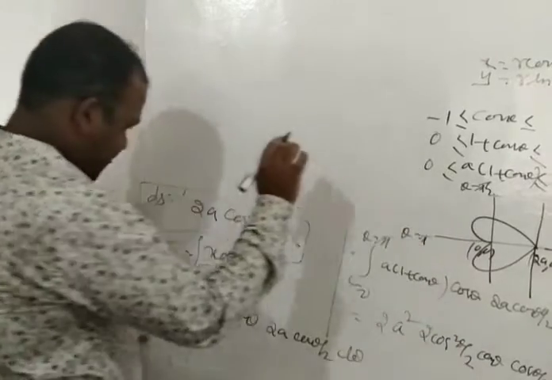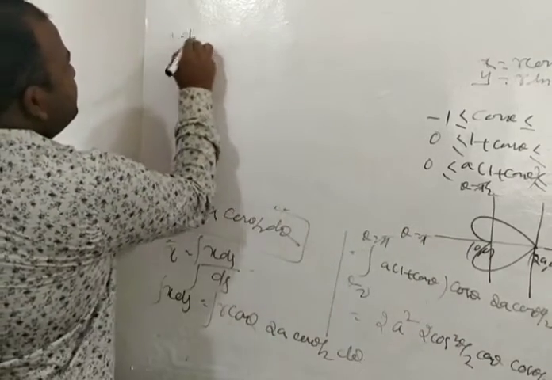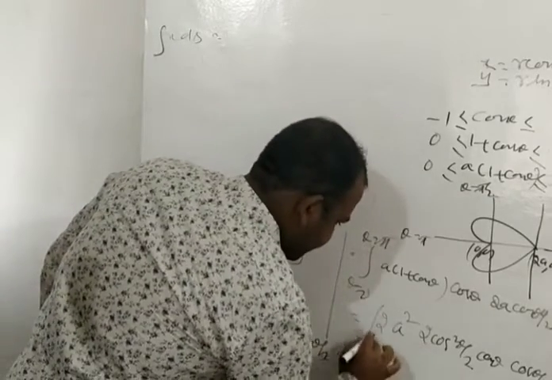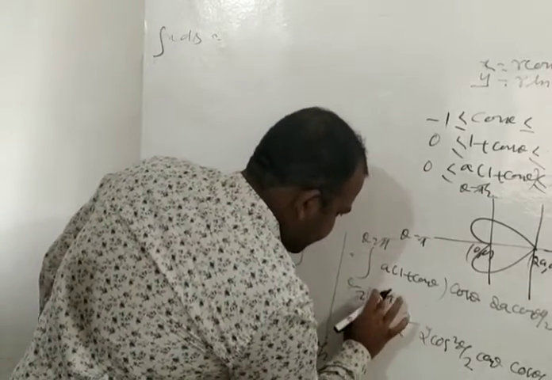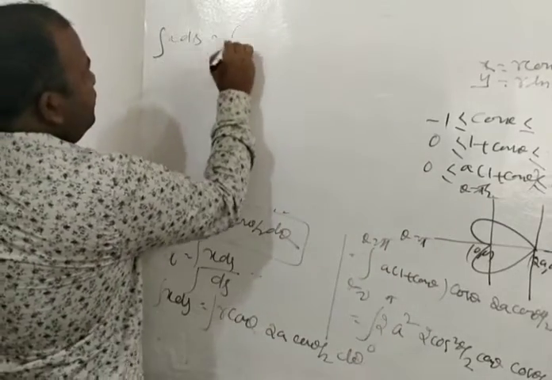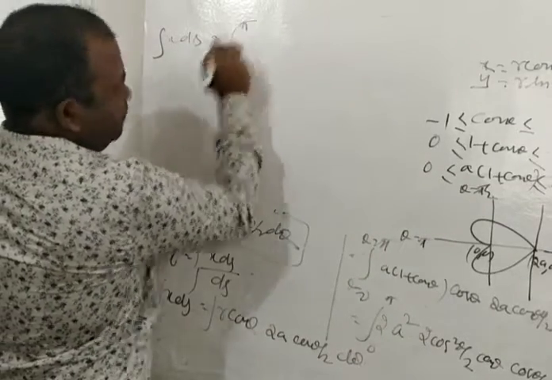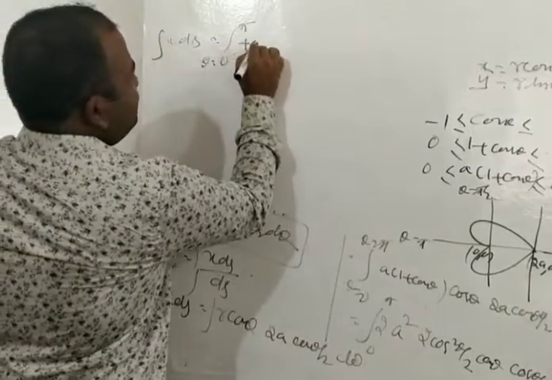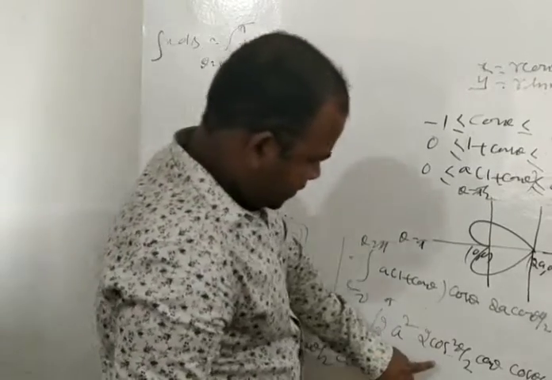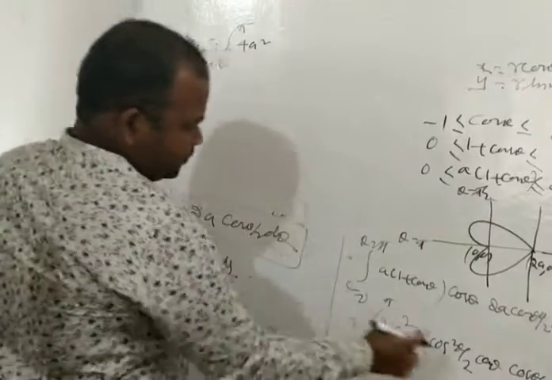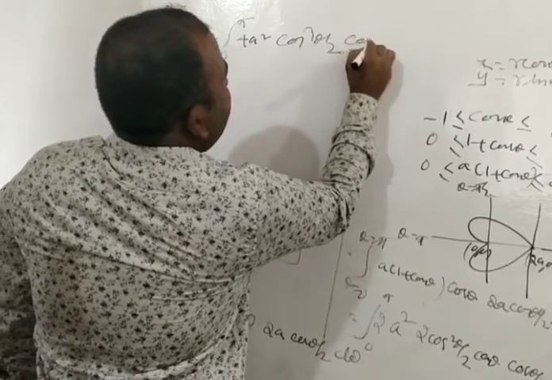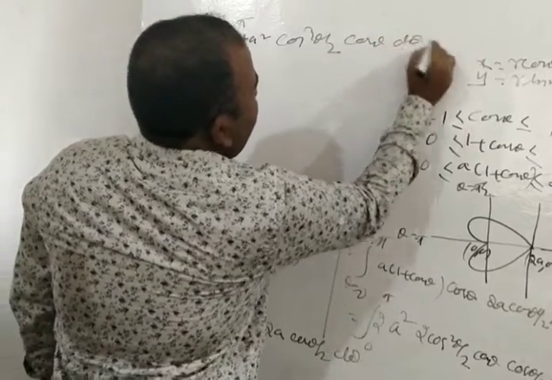So now the value of the integral of x ds equals, theta from 0 to pi, 2 into 2, this is 4a square, cos cube(theta/2) cos theta d theta.